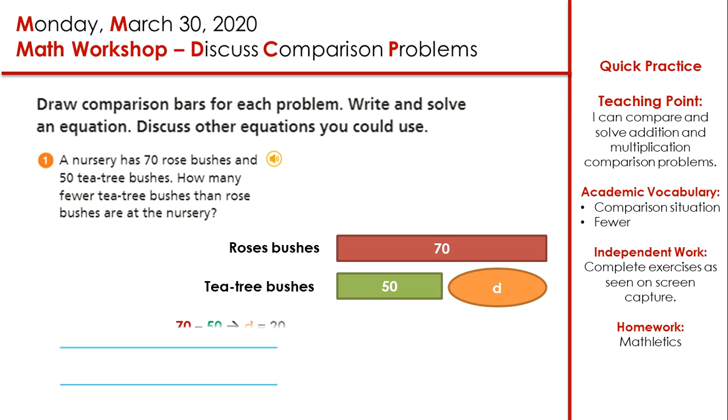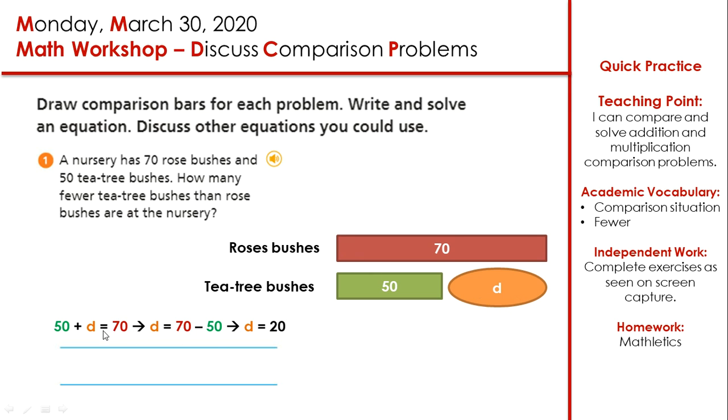If I write my equation to represent this problem, I will have the item that I have right here, 50 T3 watches, plus the difference that I don't know, that I need to find out, and then I have my total that is right at the top.